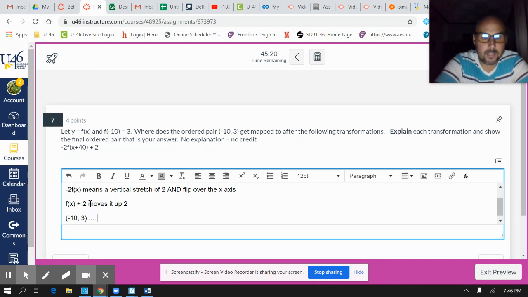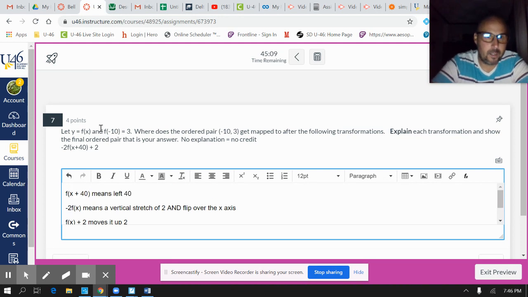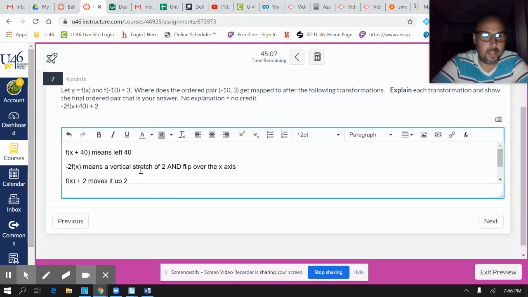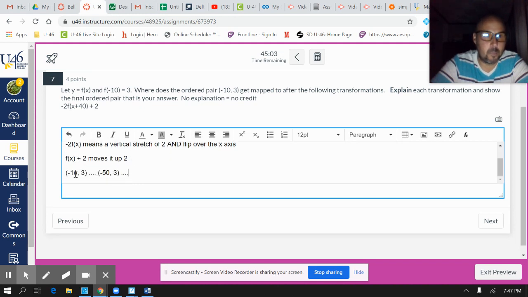Well, if I move that to the left 40, then negative 10 becomes negative 50, doesn't it? Some people added 40 because they see plus 40 right here and they got positive 30. Even though they wrote left 40, they didn't move negative 10 to the left 40. If you're at negative 10, you're already to the left 10 spaces. And if you move left 40 more, you're at negative 50.